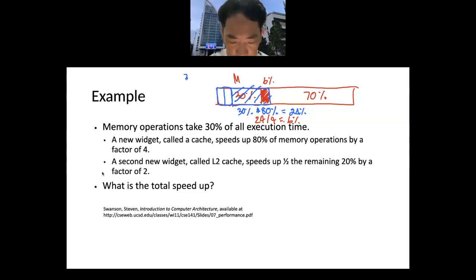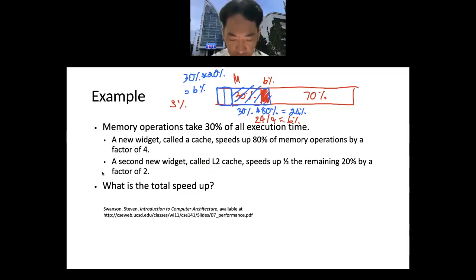So 30% times 20% is 6%. So over here is 6%. And half of it means that only 3% is what we are talking about in L2 Cache.